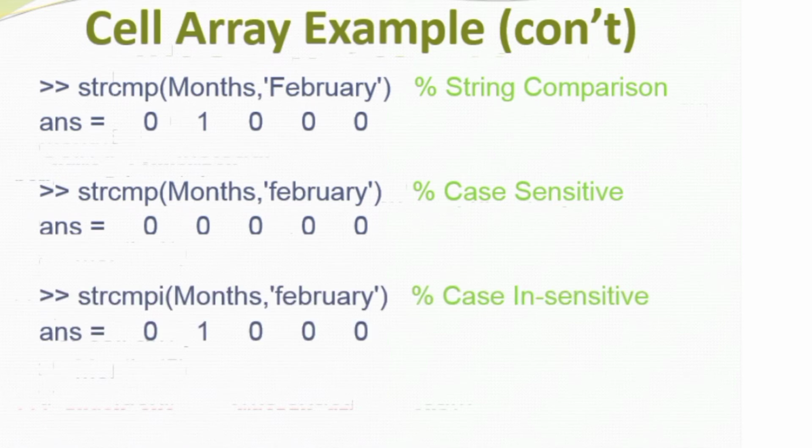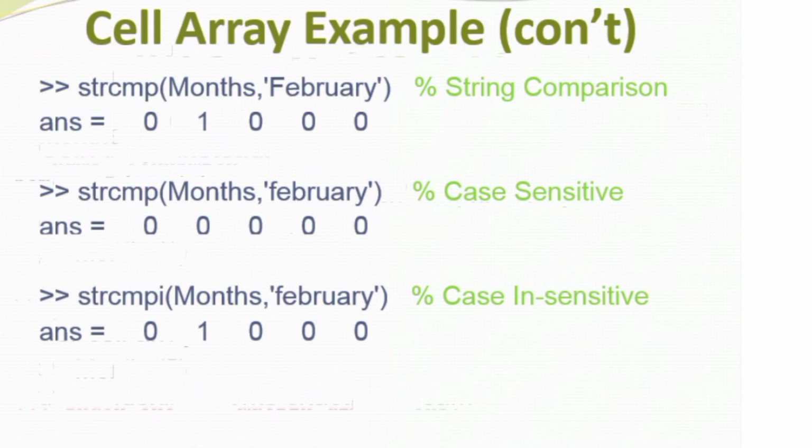If you don't want this operation to be case sensitive, you can use strcmpi, and put an I at the end. And in that case, I could randomly capitalize or non-capitalize any of the letters, and it's just going to strictly be looking at a letter match rather than a case match.